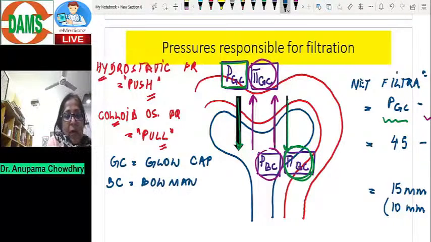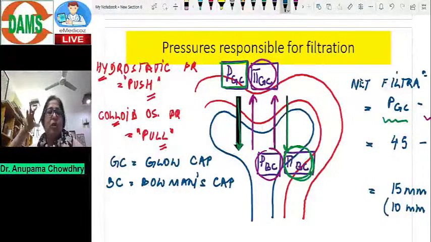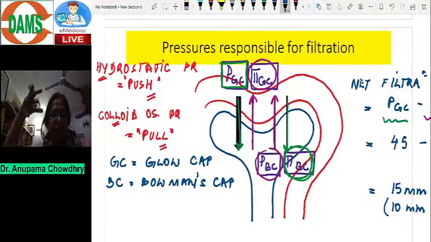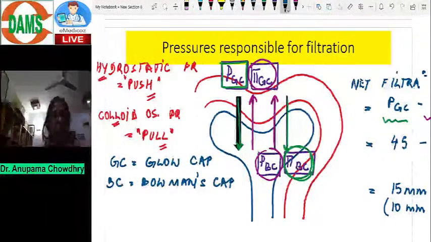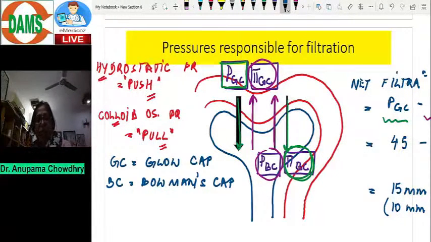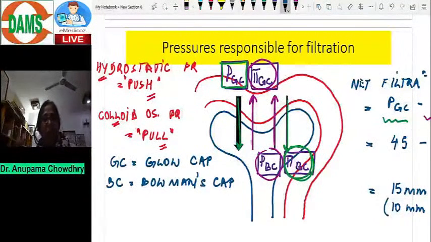Remember, hydrostatic pressure will push the fluid, colloid osmotic pressure will pull the fluid. So hydrostatic pressure of the glomerular capillaries will push the fluid from the glomerular capillaries into the Bowman space, and the colloid osmotic pressure will pull it back. Bowman's capsule hydrostatic pressure will push the fluid from the Bowman space into the capillaries, and the colloid osmotic pressure of the Bowman's capsule will pull it back.